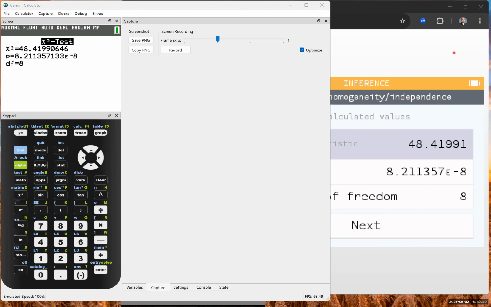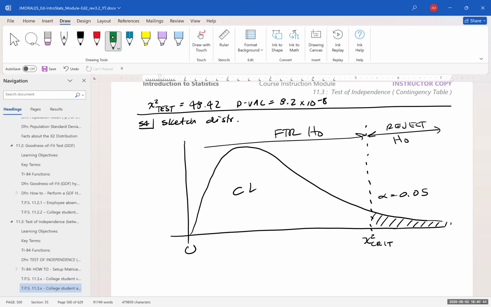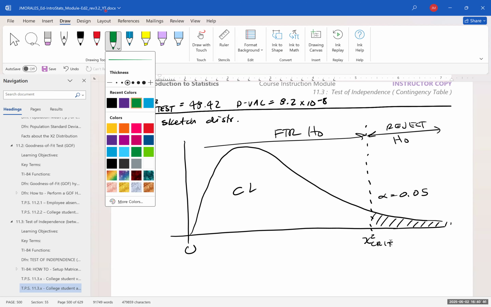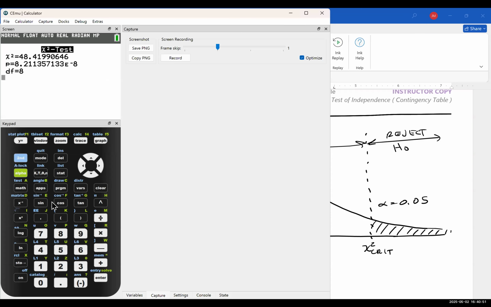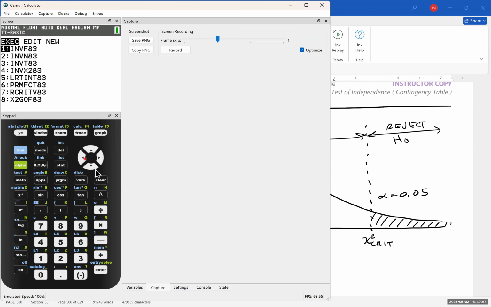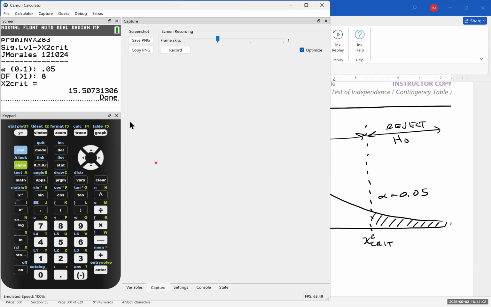I'm going to switch to green here. There we go. All right, so let's use one of our inverse chi-squared functions. So program inverse chi-squared, 0.05. Oops, didn't put in the point. And we have 8 degrees of freedom. So 15.51.